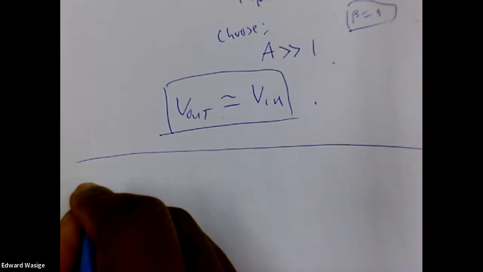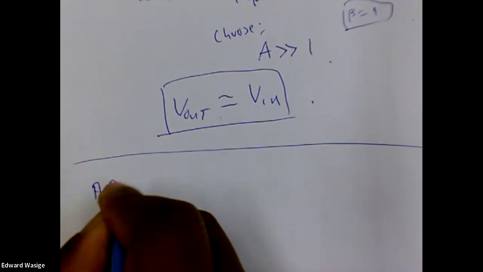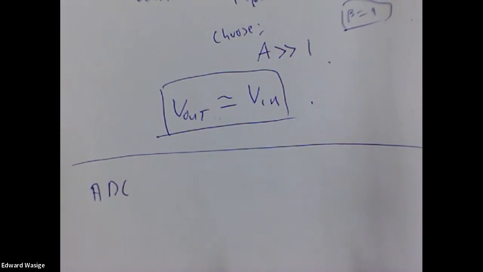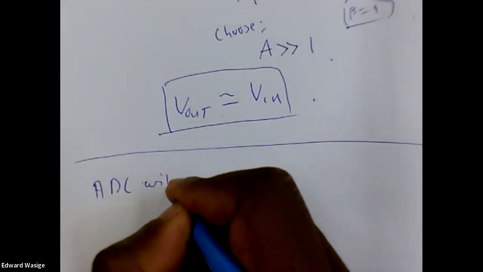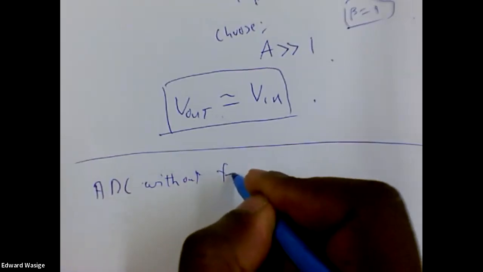So our typical ADC, do you have any control besides amplification? I think let's just do the ADC with feedback, and then we can come back to the question if it's still valid. So, ADC without feedback.